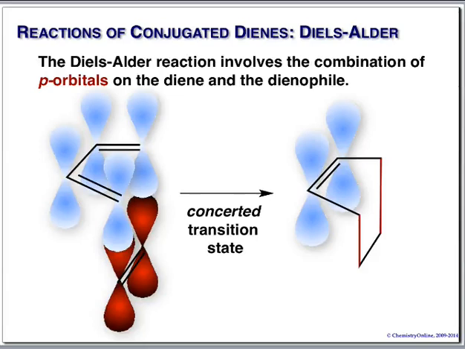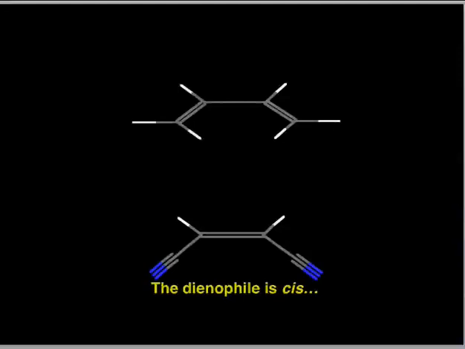Nothing happens that could change this stereochemistry. So let's look at an example here. Here I have a cis dienophile. These are nitrile groups attached to a double bond. Cis stereochemistry.